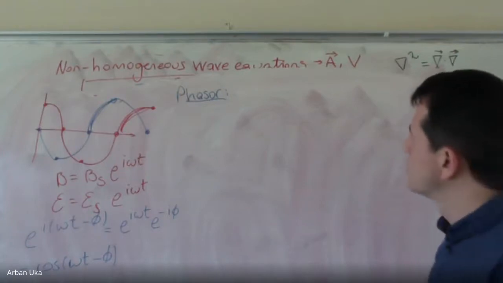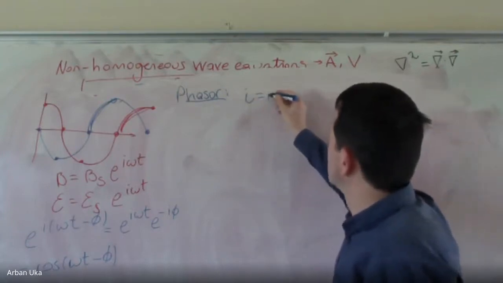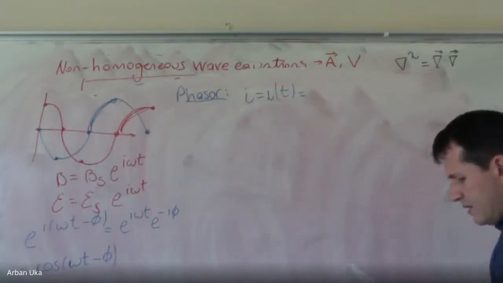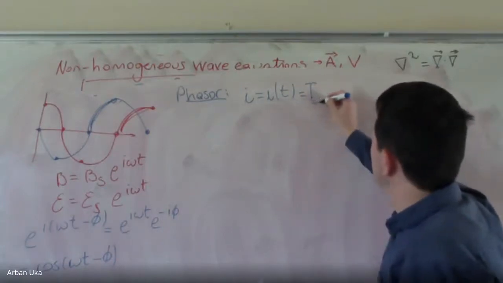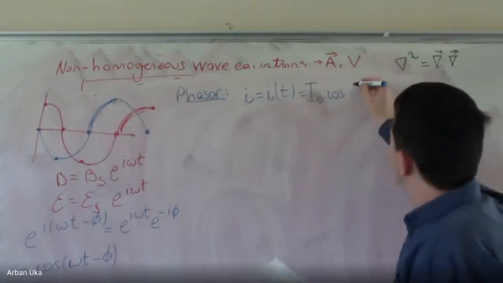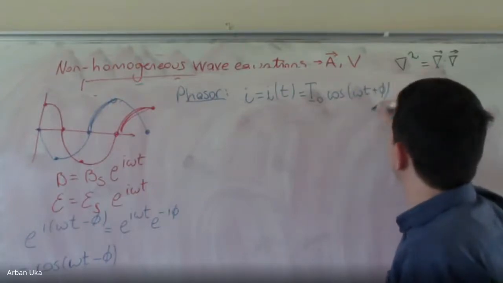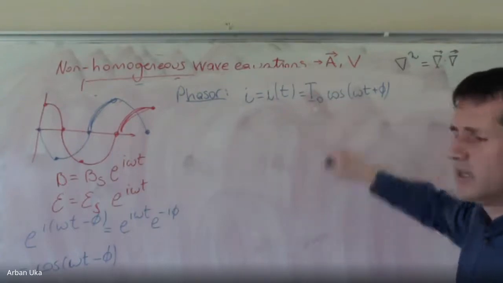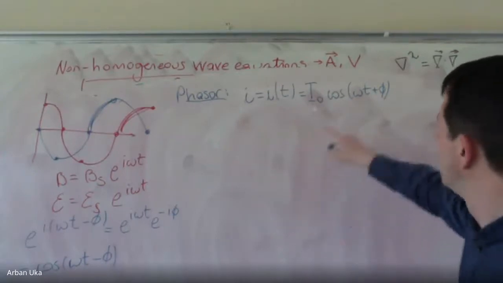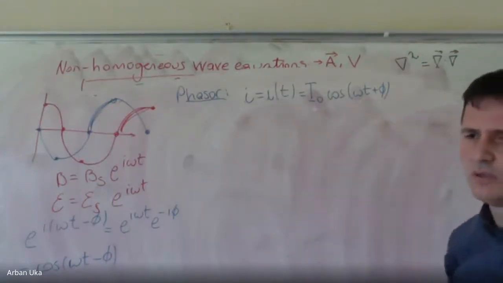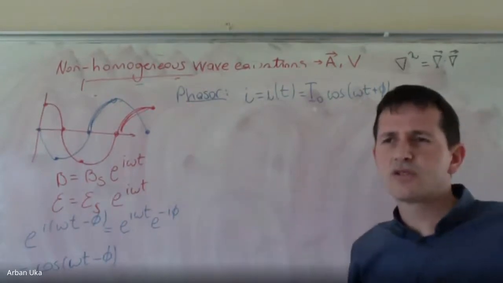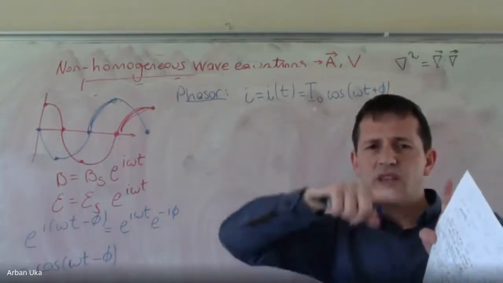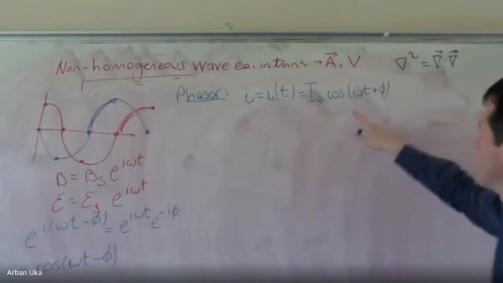So these are some relationships which we can make use of. And let's assume for a moment that we have a current i, which is a function of time, okay? It's going to change as a function of time. And we write this as an amplitude A0 times cosine of (omega t plus phi). Now, let's try to read this one. This is the amplitude. Cosine is a function which changes from +1 to -1. Omega tells us how often this is going to oscillate, or the frequency, which tells us in 1 second how many times this cycles.